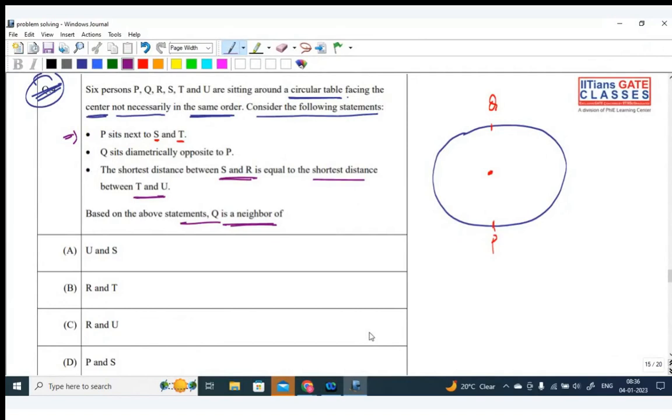Okay. And the shortest distance between S and R is equal to the shortest distance between T and U, okay. Understood? So based on that, Q is the neighbor of whom, okay. So it cannot be the neighbor of P. It is for sure, right? So this option will not be correct, okay.